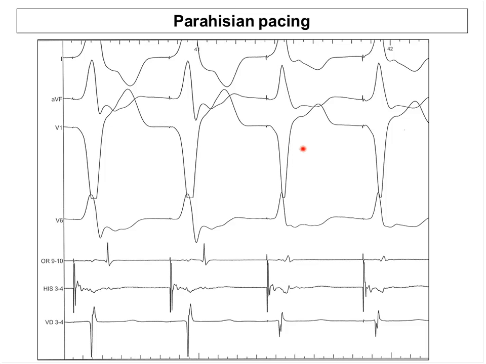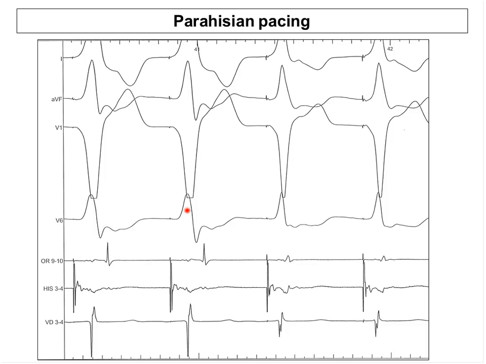What we are doing here is pacing with a low output, and we increase, for example, from 3 milliamps. When we go to 4 milliamps eventually, we see a big change in the QRS, and not only the morphology, but particularly the width. Now, this QRS is obviously narrower than the QRS here.